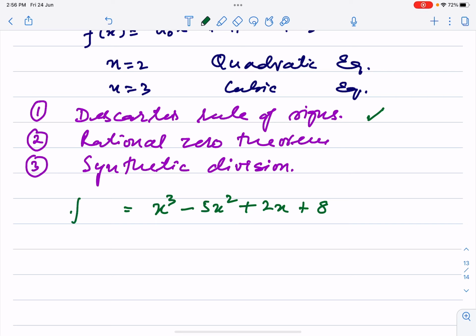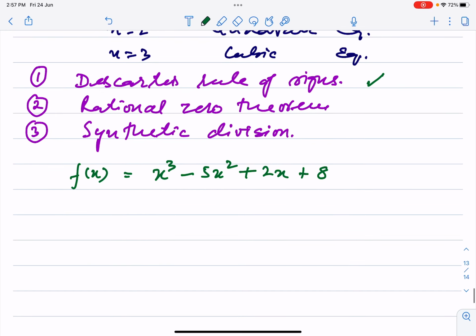We know that there will be three roots, and through Descartes we will find out whether they are positive real roots, negative real roots, or imaginary roots. But what are those roots? We have to find a way in which we can at least minimize our possible solutions, so that we can easily find the roots.